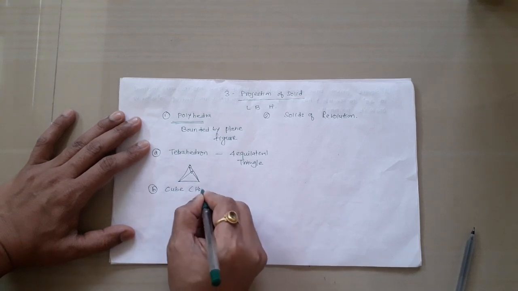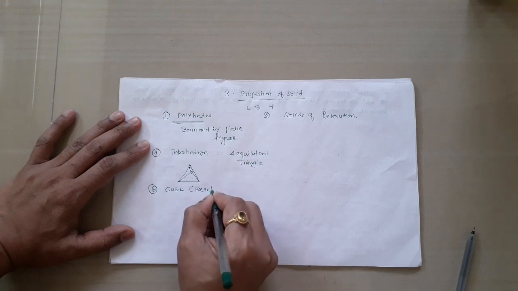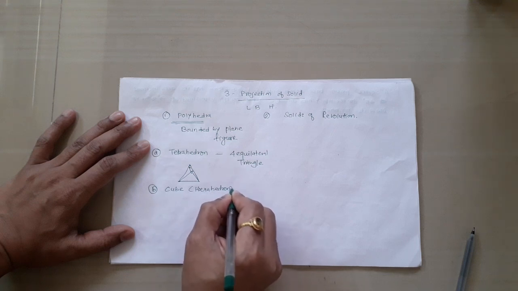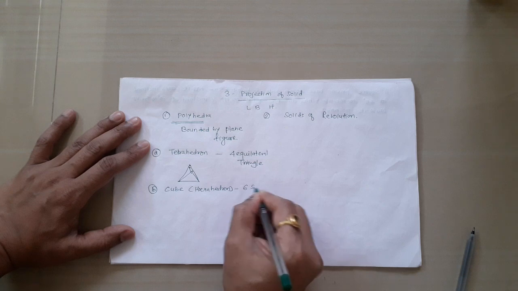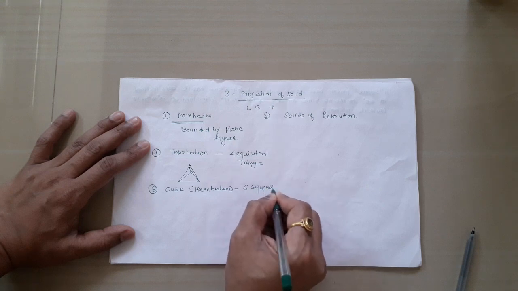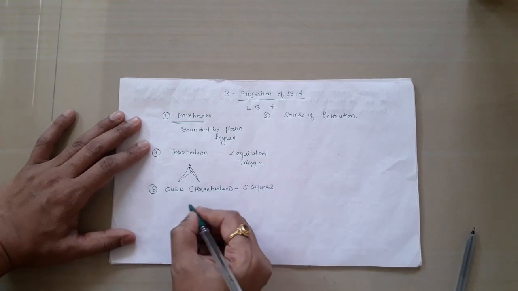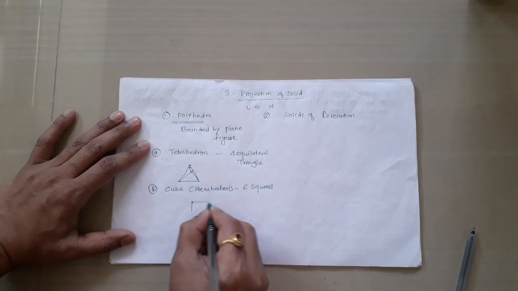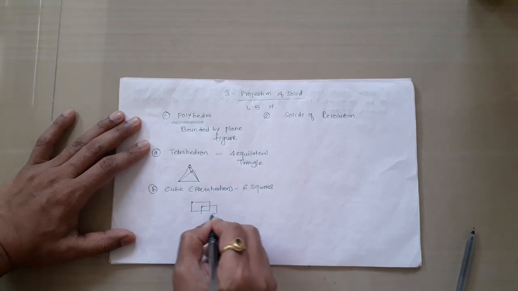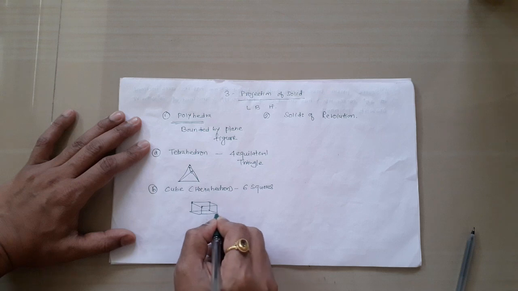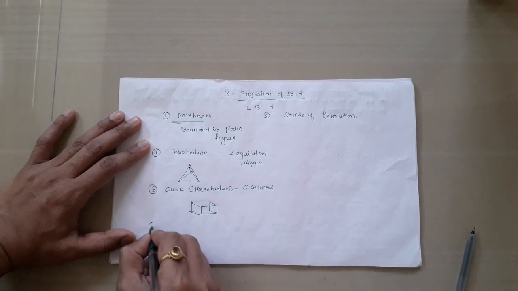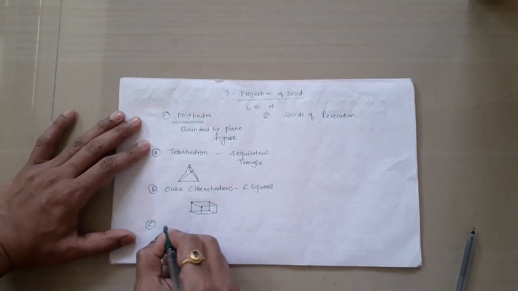Cube is also known as hexahedron. We know that cube is made up of 6 squares, which is a cube. Then the third type of polyhedra is a prism.